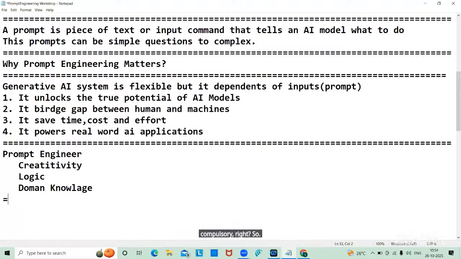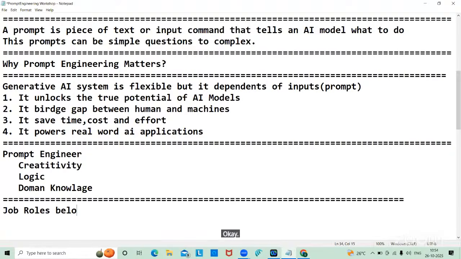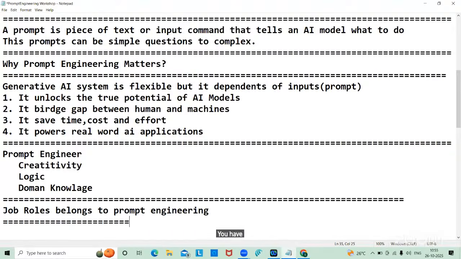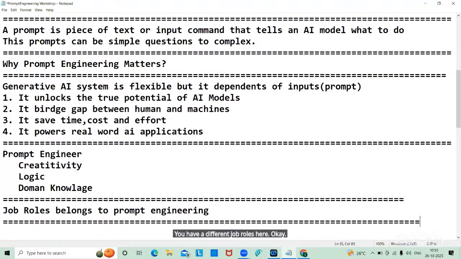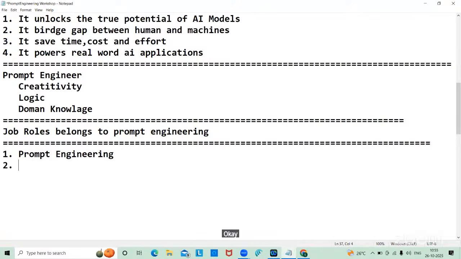So you have different job roles related to prompt engineering. One is, you can say, the heading itself, prompt engineering. Second is AI trainer.